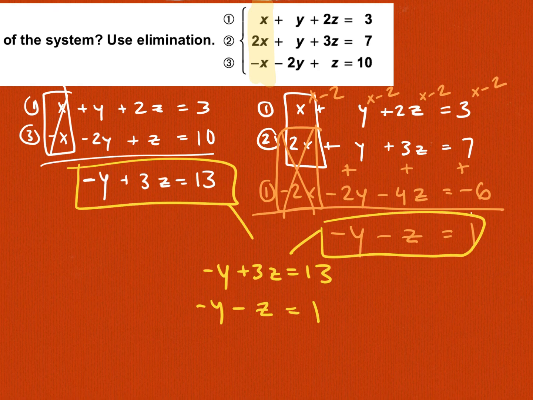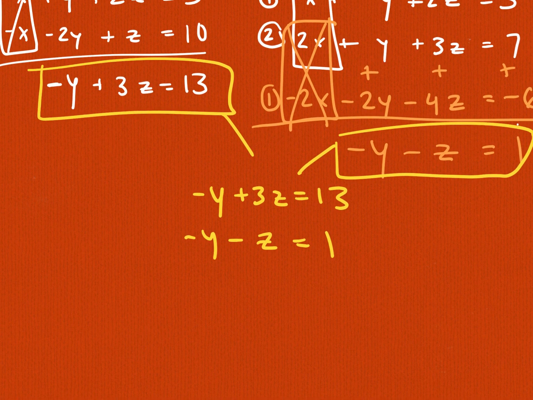Do I have a variable that'll cancel out right away? No. So how do I get something to cancel out? Multiply by what? Negative 1. Awesome. And that'll get my y's to cancel. Does it matter which equation I multiply by negative 1? No, I could do either one.